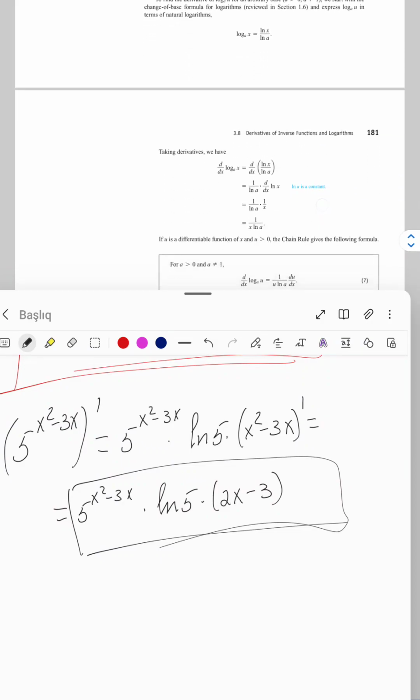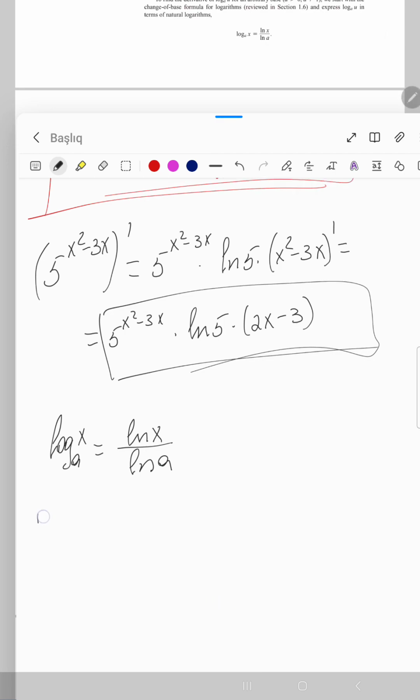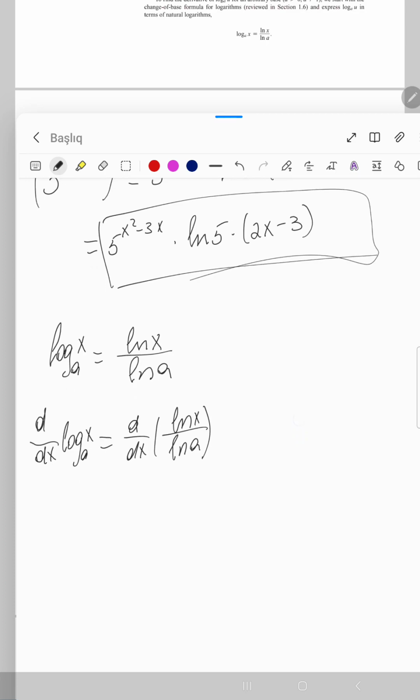What about logarithm functions? Let's say log base a of x, and we know that we can write it as ln x over ln a. Yes. And let's take the derivative of both sides, d over dx equals d over dx. We don't need the quotient rule here because ln a is constant, like a number.